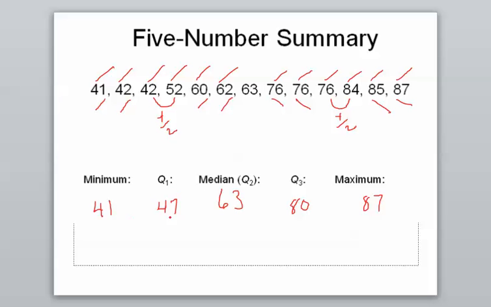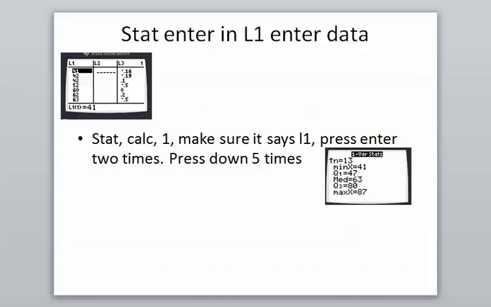So I got 41, 47, 63, 80, and 87. This is easier done in other ways. One thing you can do is go to your calculator, go into stat, and press enter, and it'll take you to this screen right here. Under L1, you can start entering the information, each one of those values.